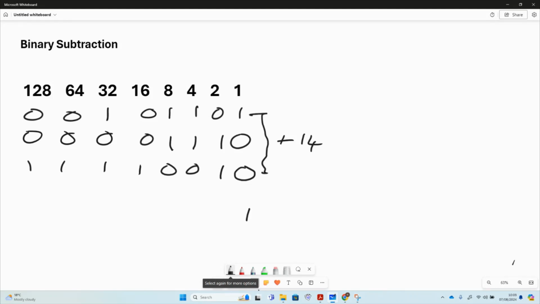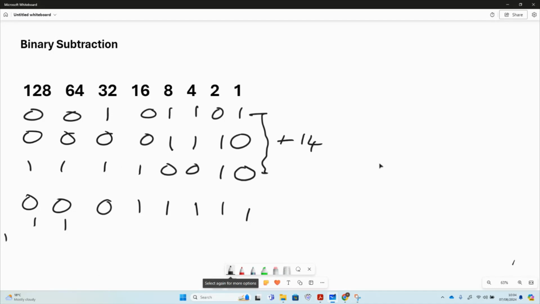So 1 and 0 is 1, 0 and 1 is 1, 1 and 0 is 1, 1 and 0 is 1, 0 and 1 is 1, 1 and 1 is 0, carry 1, 0, carry 1, and 0, carry 1, and again the overflow we don't worry about, it just disappears, and we end up with 31, which is the result of taking away 14 from 45, just like that.